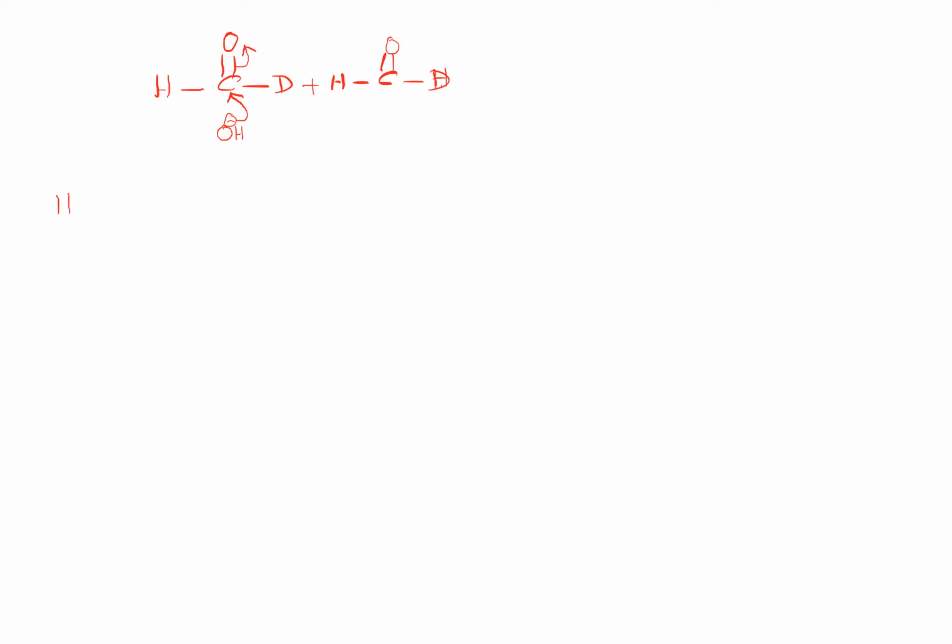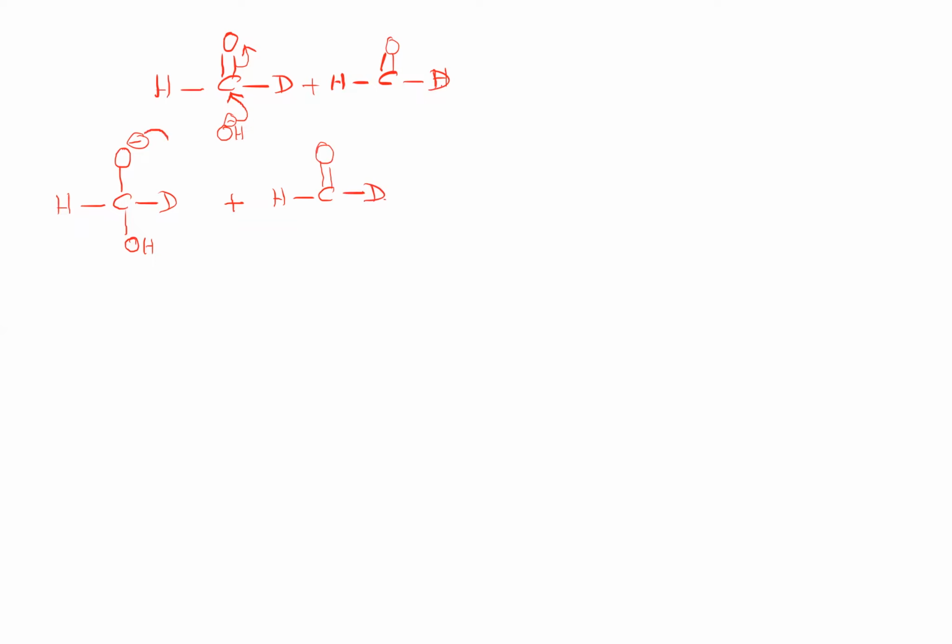So we can get an intermediate with O minus and OH on carbon. That is the first step. The second step, what happens? The second step is the rate determining step.